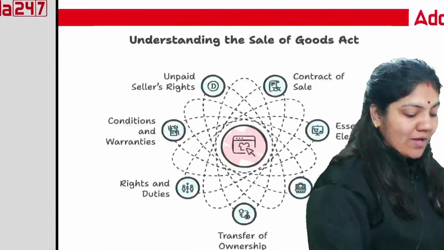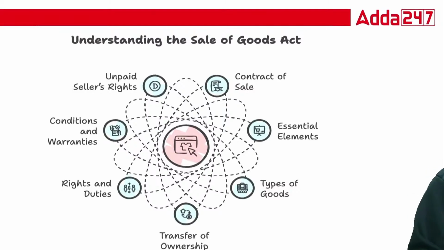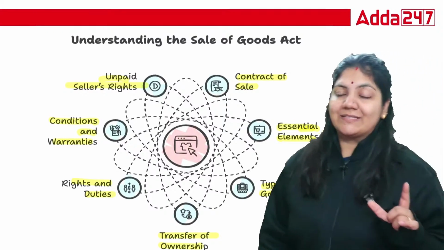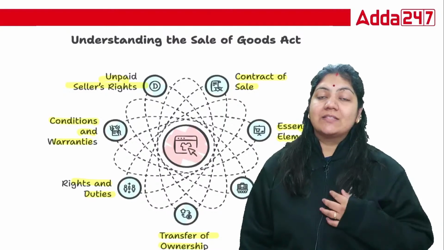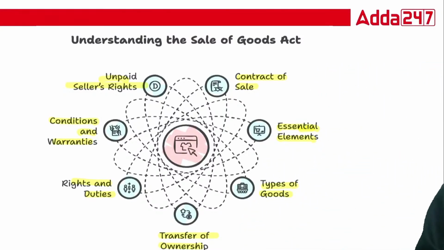Now first of all, see what we have to study in this particular act. We have to study what is a contract of sale, essential elements, types of goods, transfer of ownership, rights and duties, condition and warranty, and the unpaid seller. Contract of sale, we have to understand the term contract.